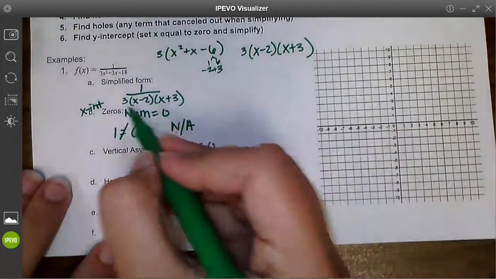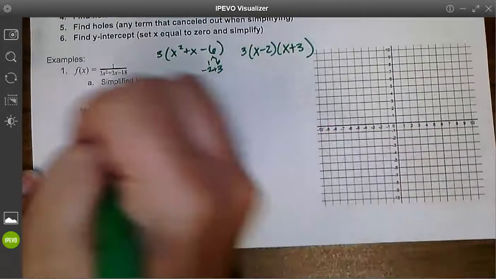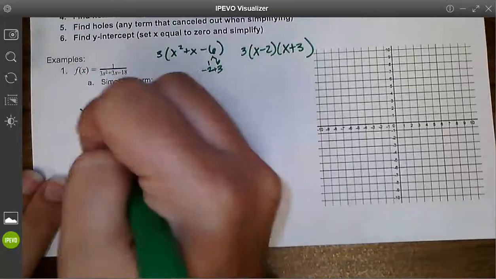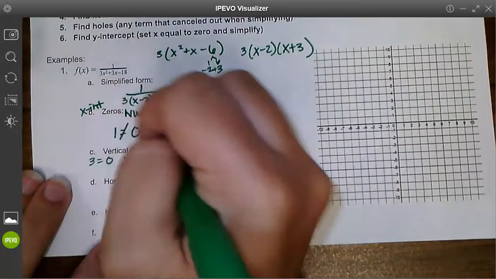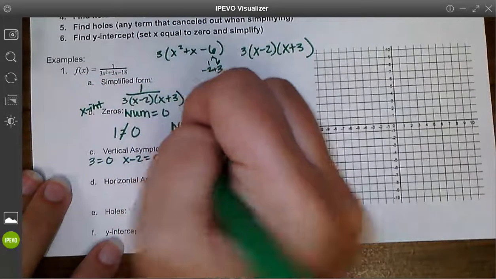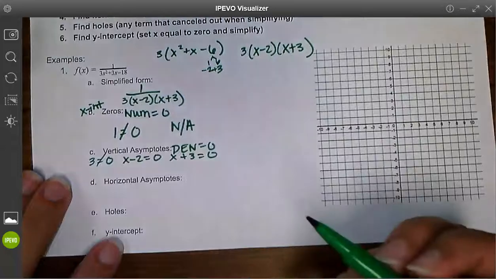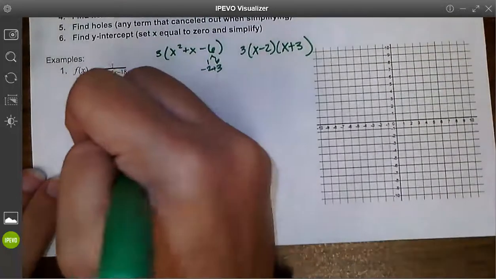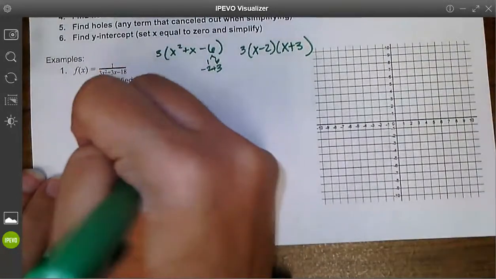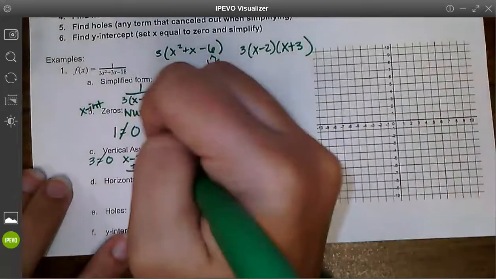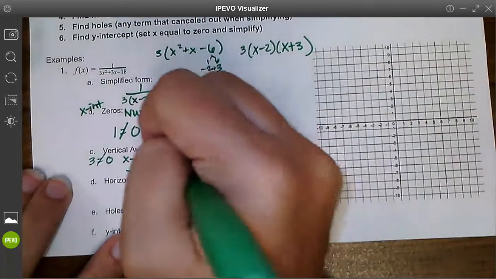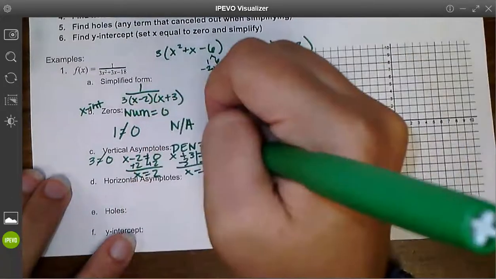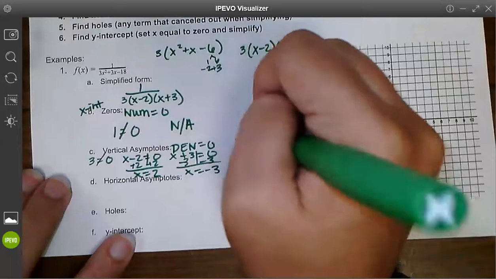So I can use my simplified form here and set it equal to 0. Use the zero product property to solve each piece. So 3 is never equal to 0, so there's not one there. Here I'm going to add 2, so I have x equals 2. And here I'll subtract 3, so I have x equals negative 3. So my vertical asymptotes happen at 2 and negative 3.